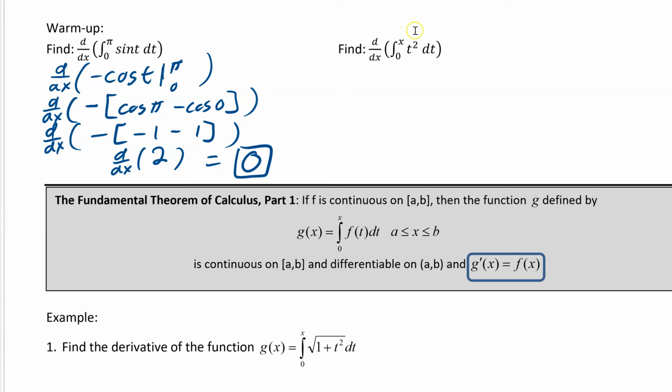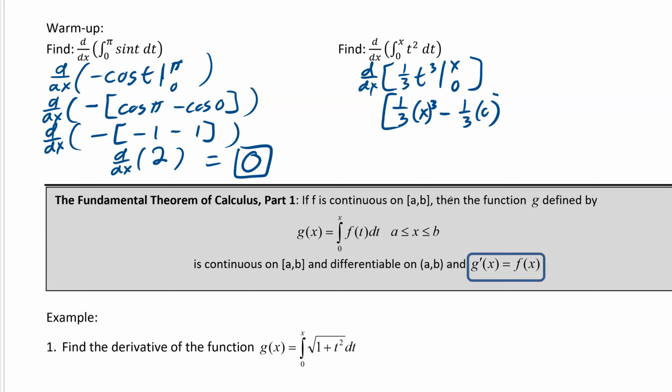Well, what if we replace that with an x up there? Let's try it again. So this would become 1/3 t cubed from 0 to x. So this would be 1/3 x cubed minus 1/3 times 0. And then we would now take the derivative. Now I'm leaving the other one as 0 because I just want to make a point.